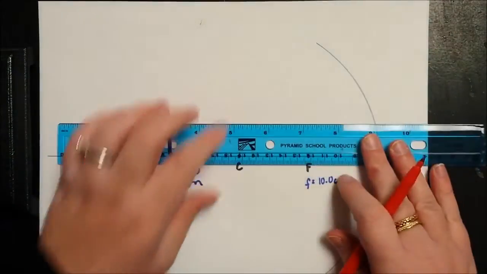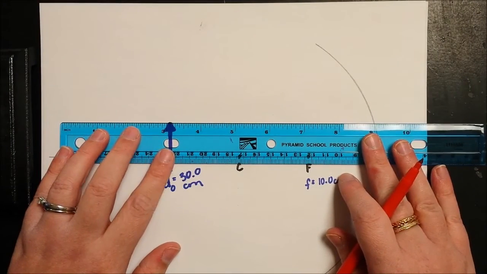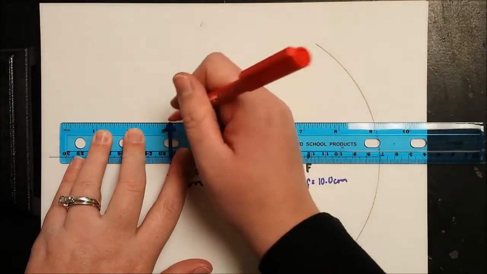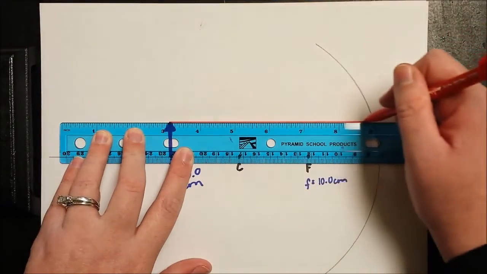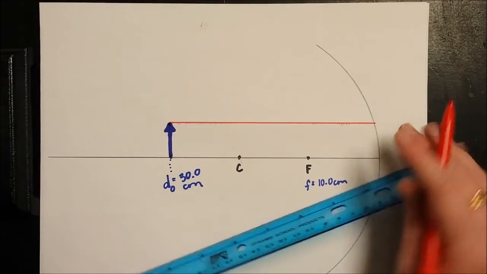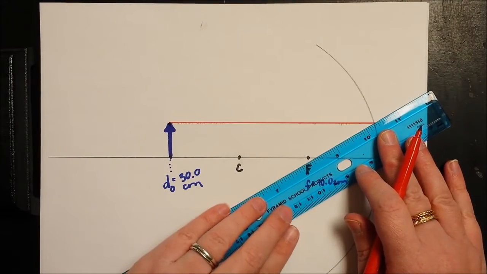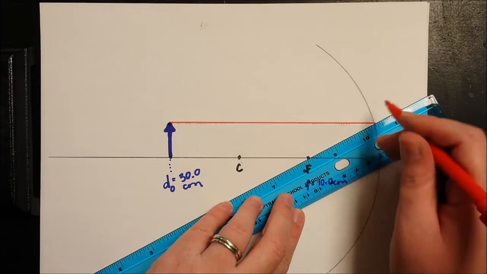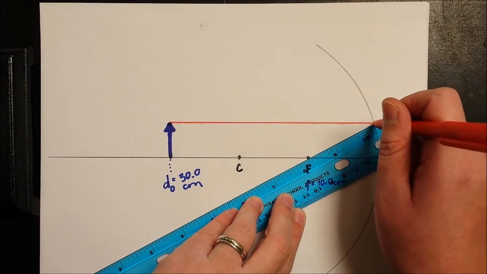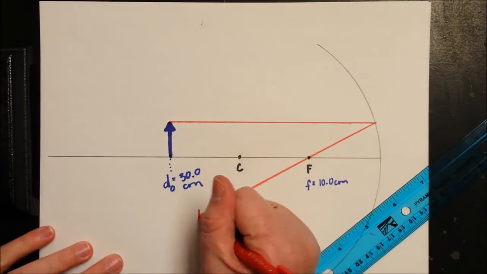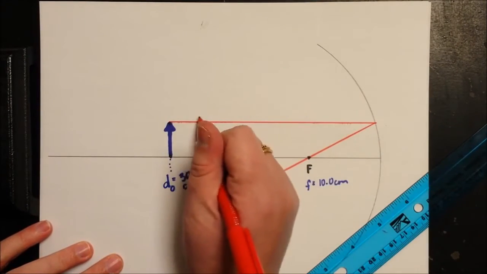My first reference ray is going to be parallel to the principal axis for the incident, and then it's going to reflect off the mirror and go through the focal point.